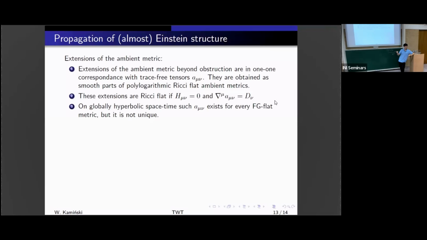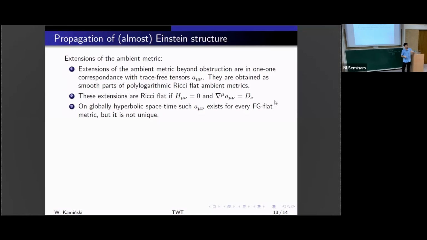Once we provide this tensor, we can construct an extension to arbitrary order. Typically it will not be Ricci flat. However, if the Fefferman-Graham tensor vanishes, and this A, the divergence of this A, is traceless, and the divergence of this A satisfies some condition, where D is some complicated tensor, then the extensions themselves are Ricci flat.